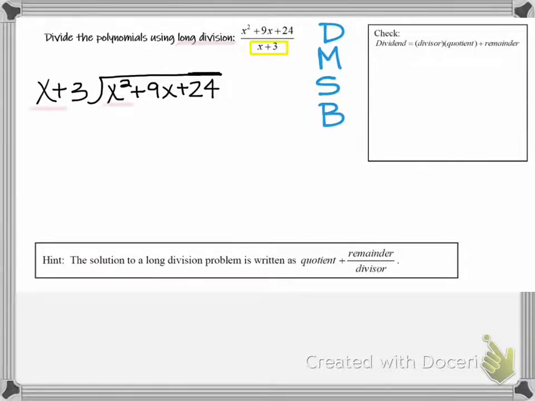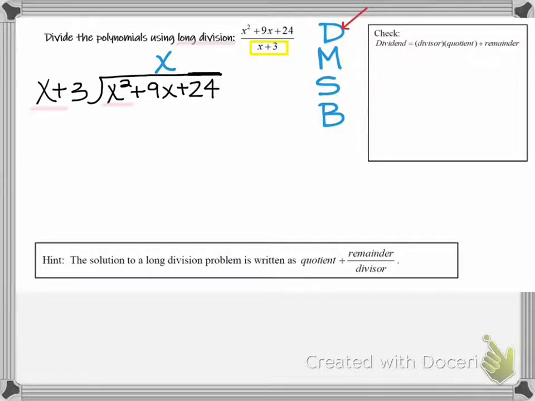So the first thing we're going to do is divide, so we're on step D for divide, x squared by x. When I divide x squared by x, I get x. Notice how I line it above the 9x. I line it up because I want to line it up above its like term from the original dividend.